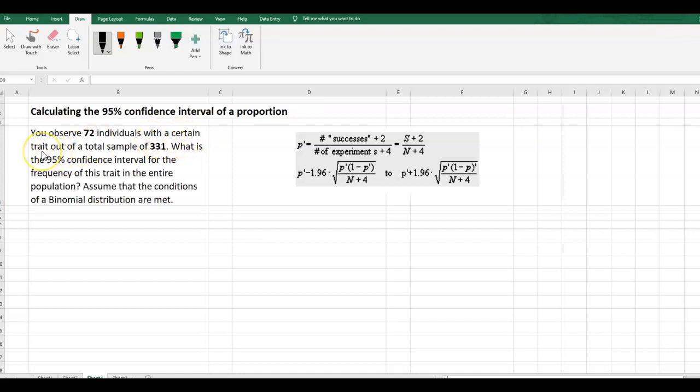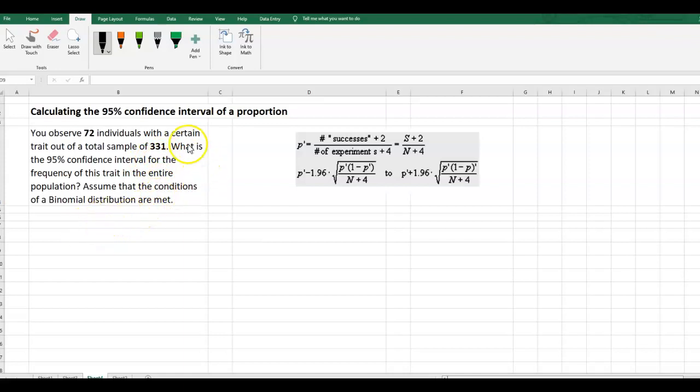Maybe they are blue or red or whatever. And we have a total sample of 331. So 331 butterflies and 72 of them are of a particular color. And we want to know what is the 95% confidence interval of this particular trait in the population.